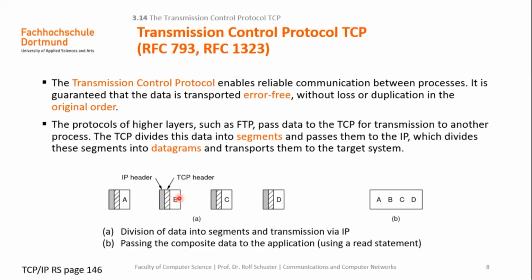Each TCP segment has a TCP header, and the TCP segment is encapsulated into IP datagrams. It could be encapsulated into IP version 4 datagrams or into IP version 6 datagrams. This illustration shows the division of the data into several segments and the transmission using IP across the network.